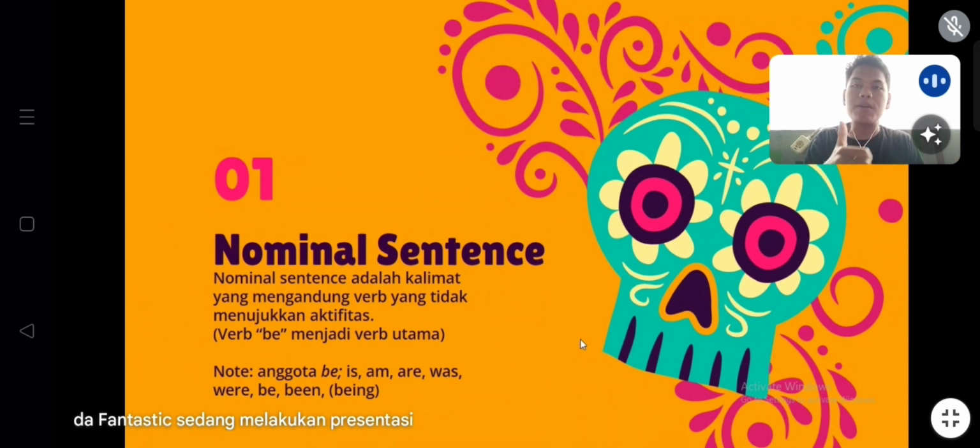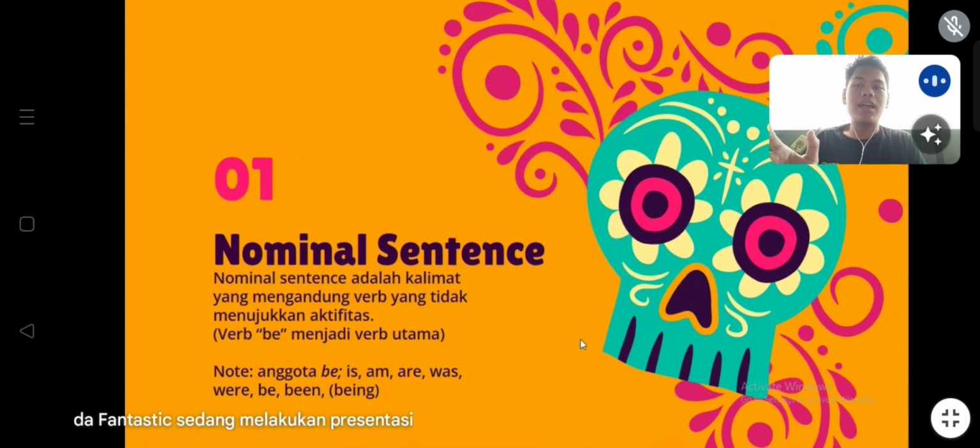This is the main verb in a nominal sentence. For example, I am a student, you are a student, he is a student. It contains is and it only gives the meaning that he, the subject, I and you before is a student. It doesn't show any activity that the subject does.